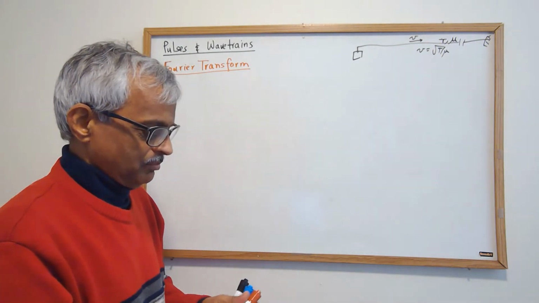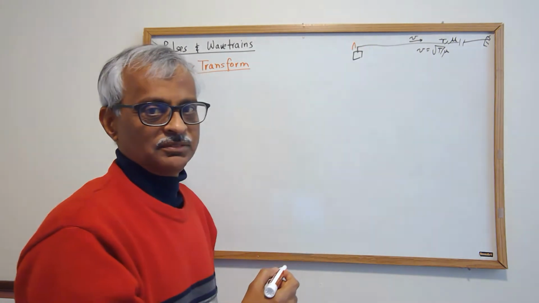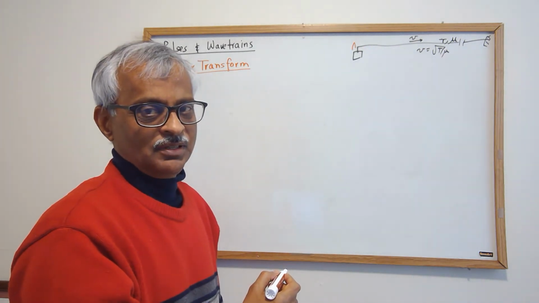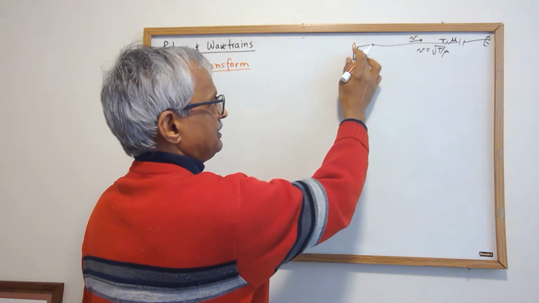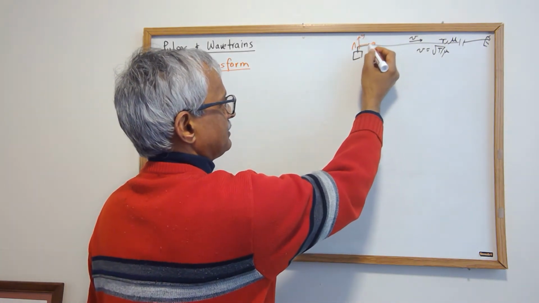So at some time this went up and came down. So it took a little bit. If you look at this, this is y and this is x.